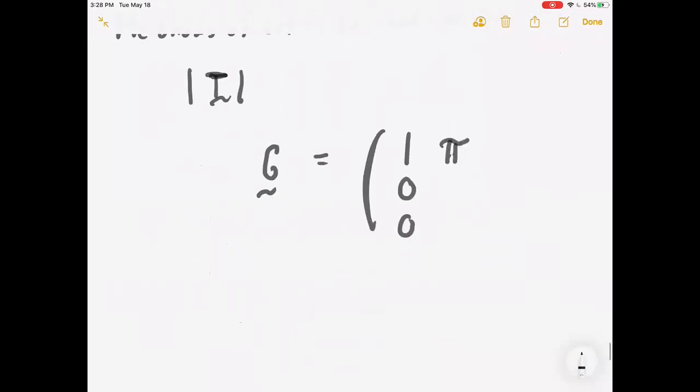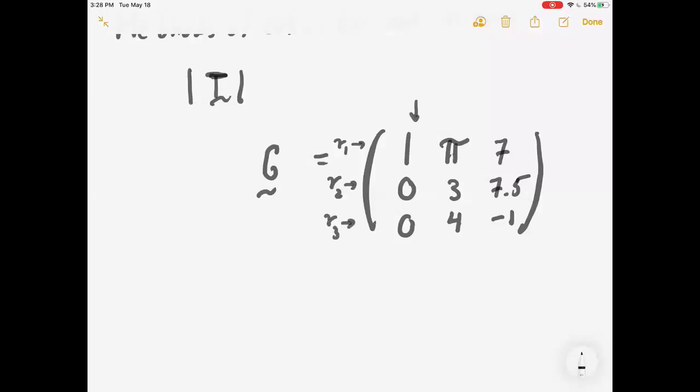Pi, let's say 7.5, let's say -1. So here is row 1, here's row 2, here's row 3. Here's column 1, here's column 2, here's column 3.